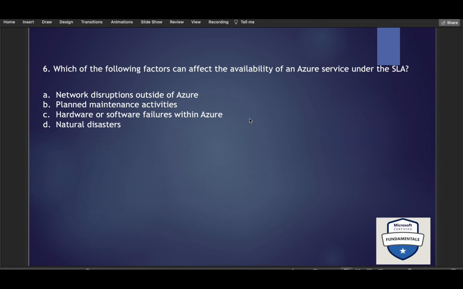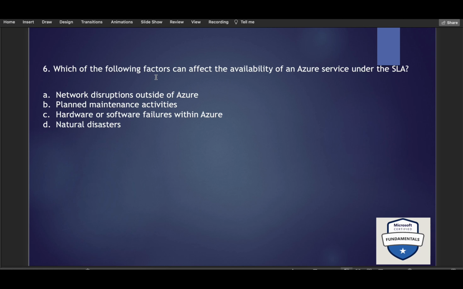Now going to the sixth question, which of the following factors can affect the availability of an Azure service under the SLA, that is service level agreement. Okay, so basically the service level agreement for Azure services guarantees a certain level of availability, which is expressed as a percentage of uptime over a specific period of time. But let's say certain factors can affect the availability of an Azure service even if it is covered under the SLA.